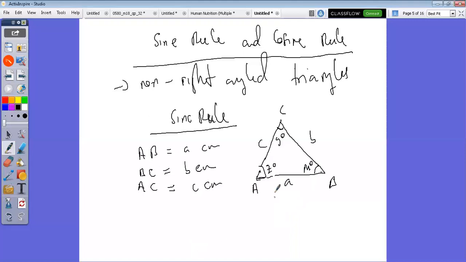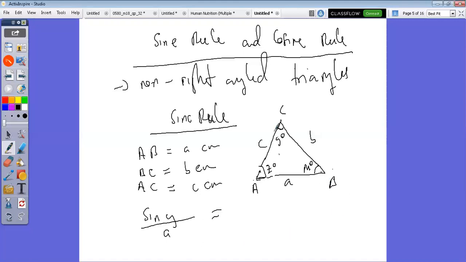Let's say I want to find A, the length of BC. AB is opposite which angle? This side is opposite angle Y. So I would say sine Y over A is equal to, but it's all about pairs.